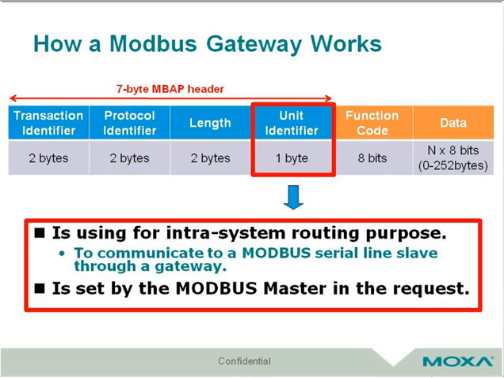This field is set by the Modbus master in the request and must be returned with the same value in the response by the slave. That means the Modbus gateway can, based on the unit ID, tell which Modbus slave on the serial line should respond to the request. Then it can complete the request-response transaction pair.